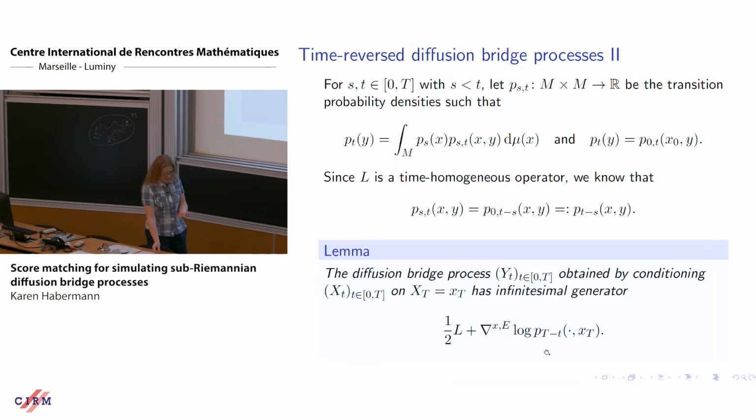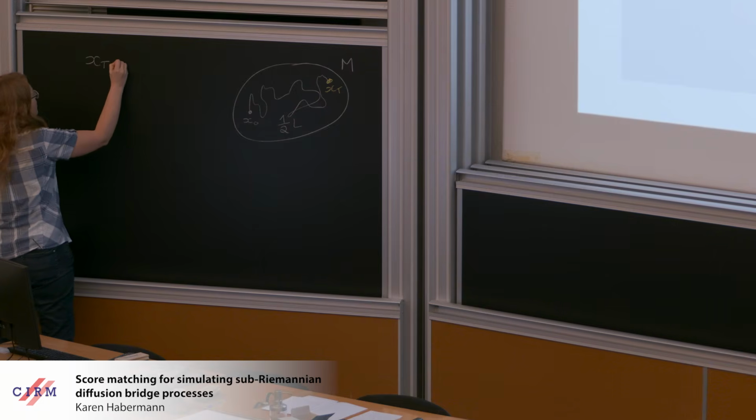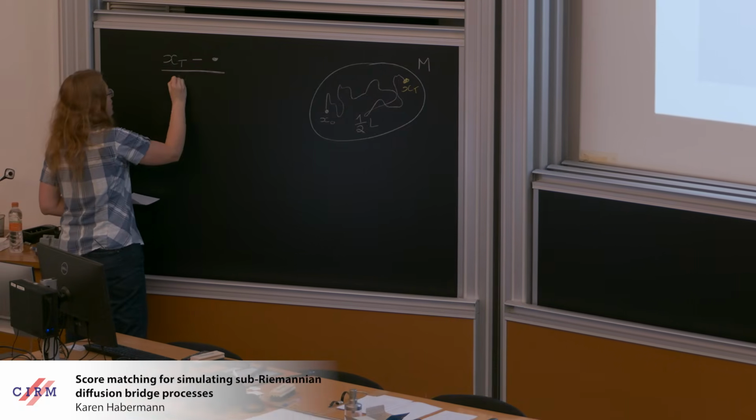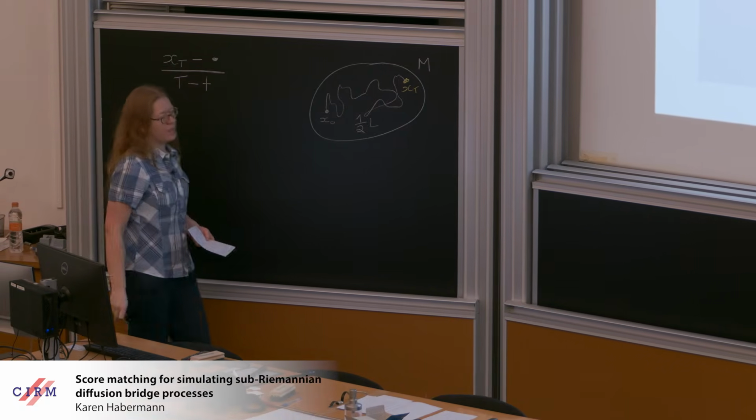And for instance, if you were to compute this explicitly in the Euclidean case, the canonical stochastic process you have is the so-called Brownian motion, and then your heat kernel will be given by Gaussians. And there you can actually compute explicitly that the gradient of the log of the heat kernel gives you an expression of x_T minus wherever you are at the moment, divided by capital T minus t.